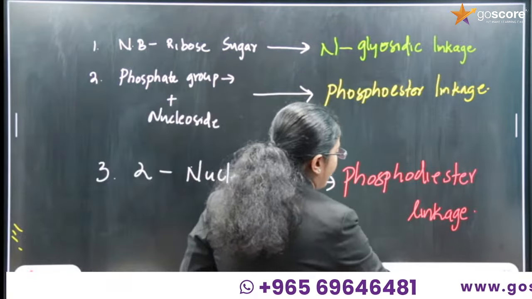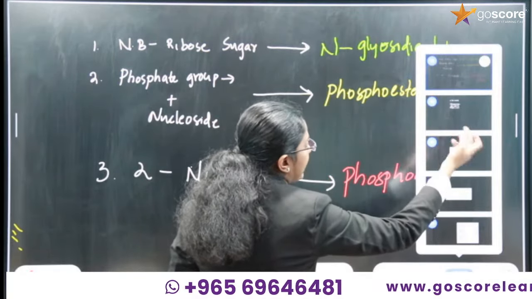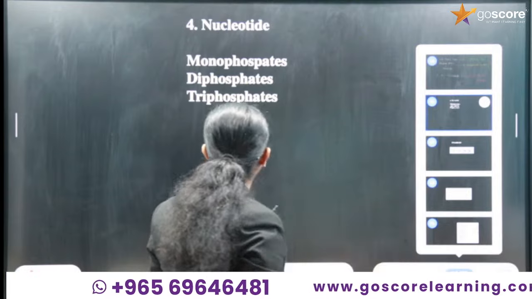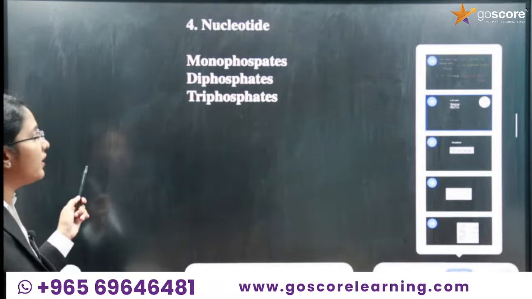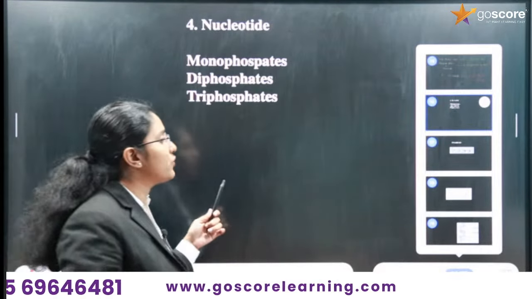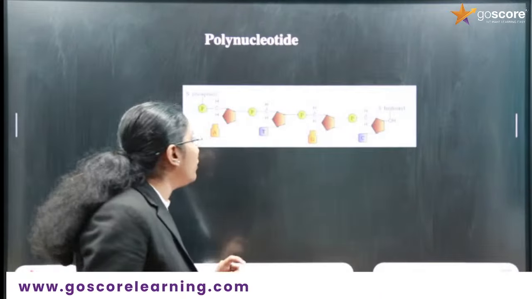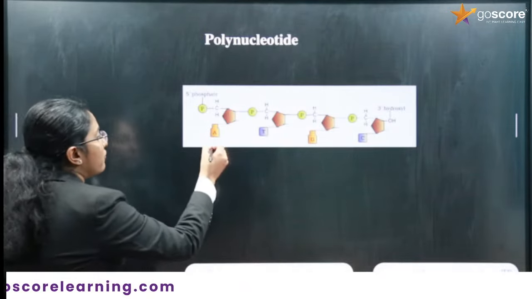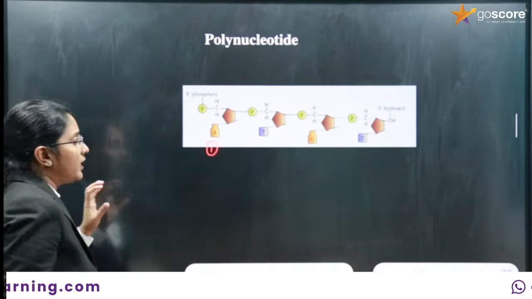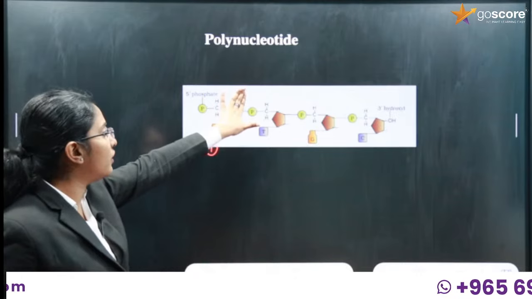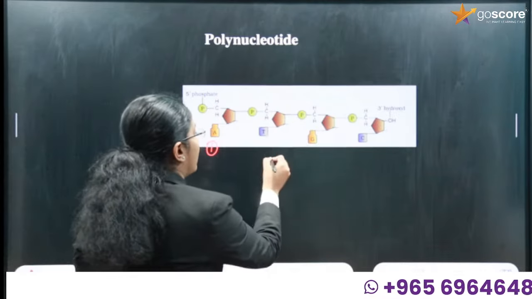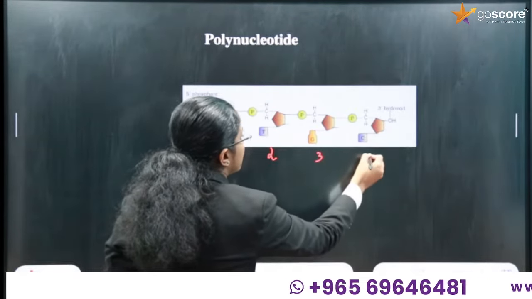This is about how nucleotides are formed. A nucleotide can be monophosphate, diphosphate, or triphosphate. This is the structure of a polynucleotide. Here is the first nucleoside, the second nucleoside, the third nucleoside, and the fourth one.